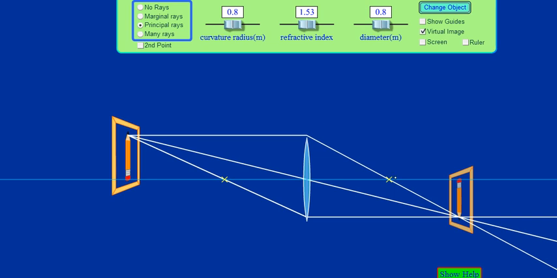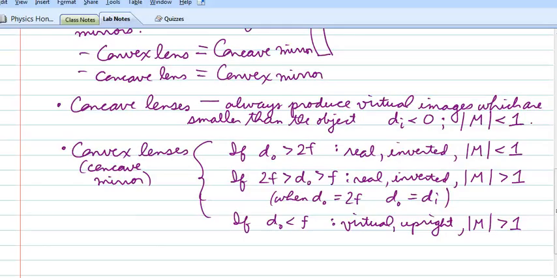This guy right here on the far side represents the focus corresponding to the front of the lens. And just like concave mirrors have positive focal lengths, convex lenses have positive focal lengths. That means that concave lenses have negative focal lengths.